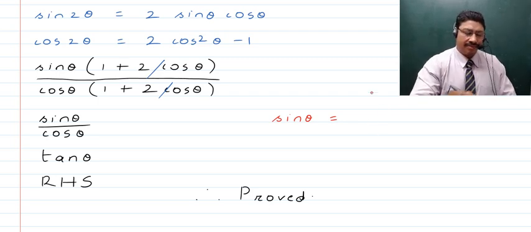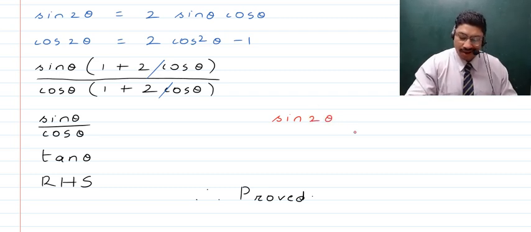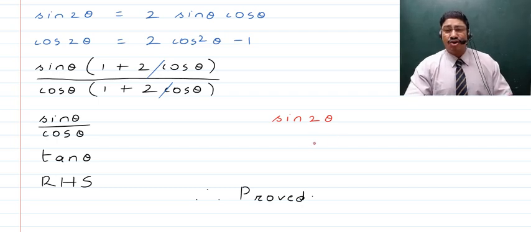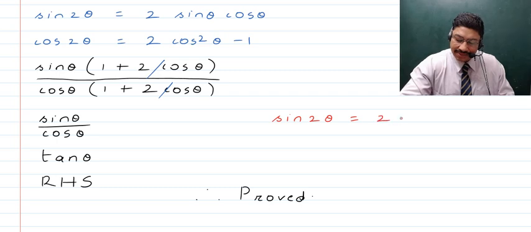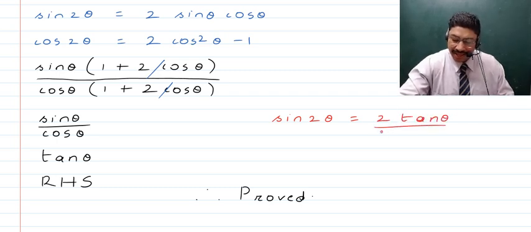Right now here, as I have written sine theta, I will just make this change as sine 2 theta, as we are talking about double of angles or compound angles. Now this children is written as 2 tan theta, which is divided by 1 plus tan square theta.